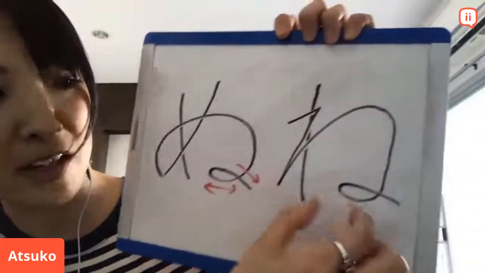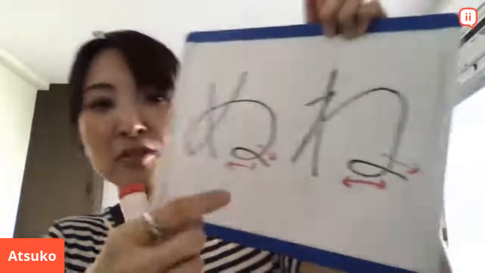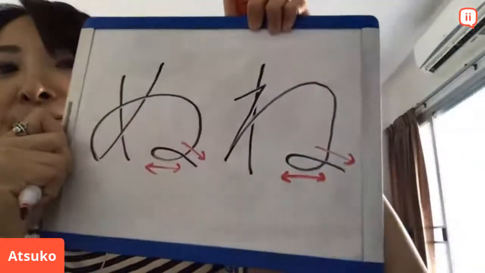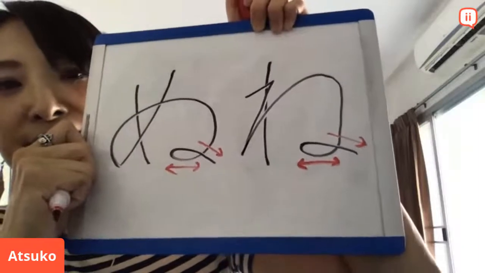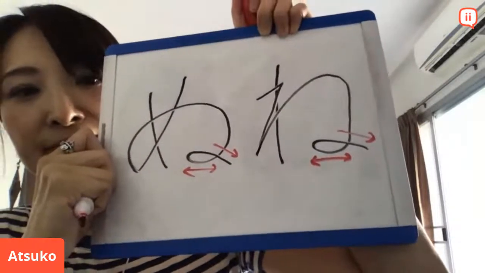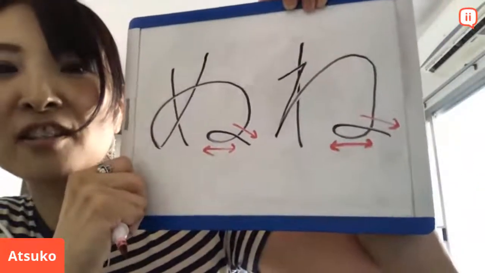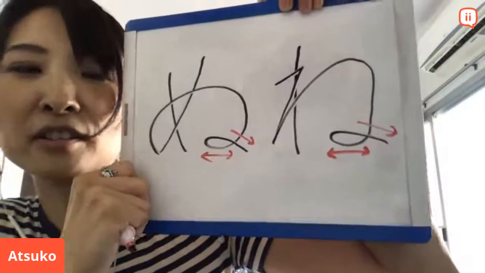So it's very similar. Wide root and go down. Wide root. Nu and ne are a little difficult. These two hiragana are difficult. But the next one is not difficult.